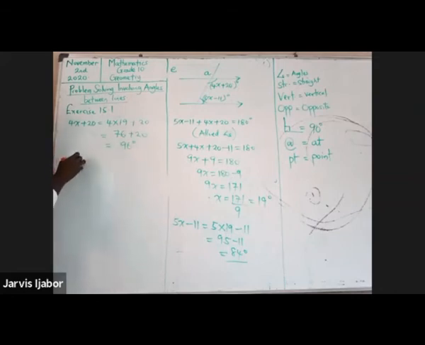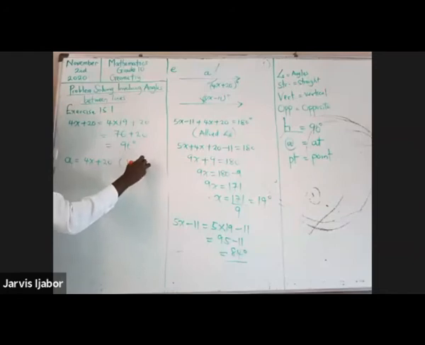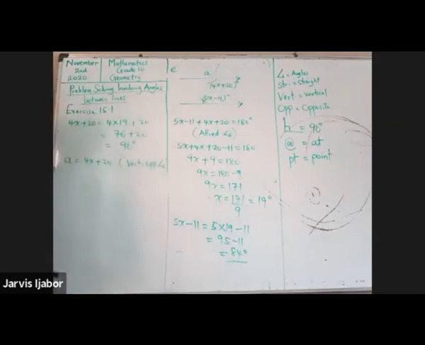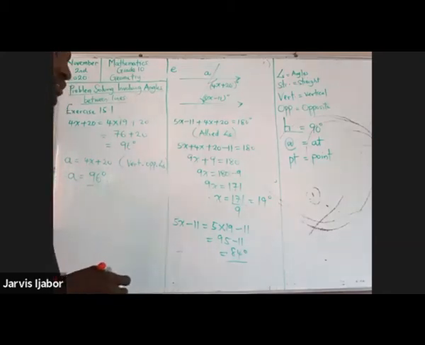A is equal to 4x plus 20. What's the reason? Vertically opposite angles. These and these angles are treated as vertically opposite angles. So by that, A will be equal to 96 degrees. So that will answer question E.